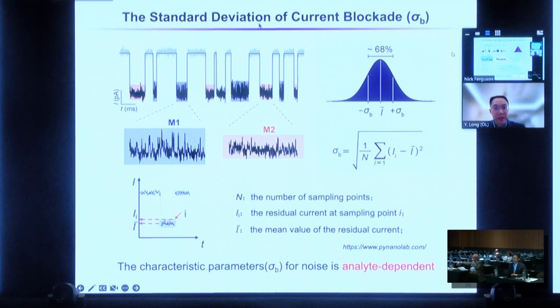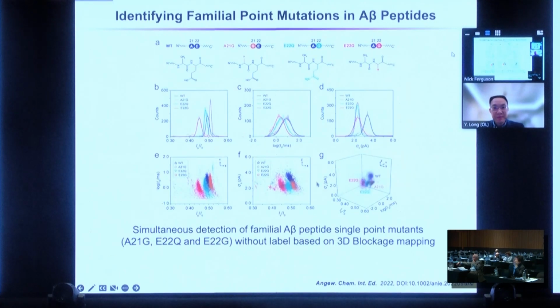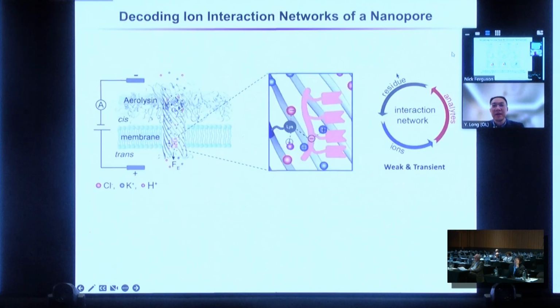We can look at small changes in the current, so we can determine those peptides, even when only one amino acid changes. Like amyloid, we can determine the difference of only A and G inside the peptides.